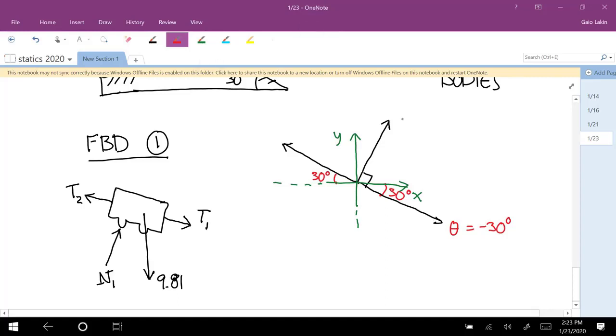For that normal force direction, our theta, so how are we going to get that? Well, you can go minus 30 to get there. Now you're pointing this direction. And now we'll go plus 90 to get there. So minus 30 plus 90 is plus 60.